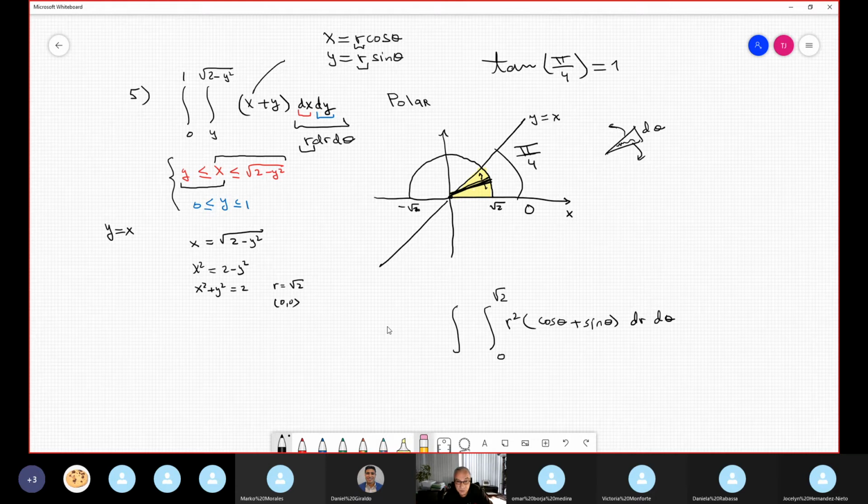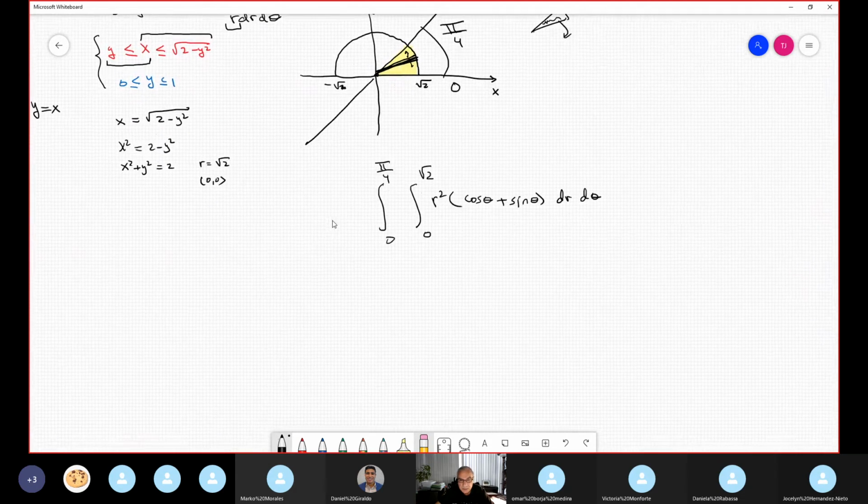So from 0 to pi over 4. Okay, super. I can separate this into two different integrals. One easy, one complicated.